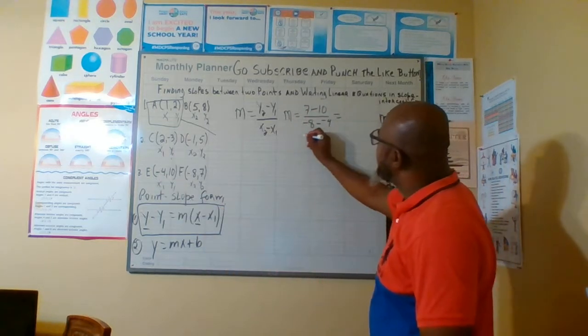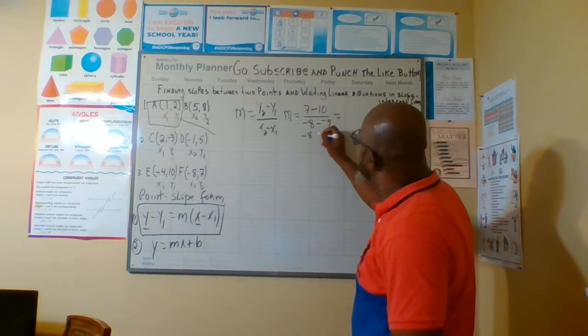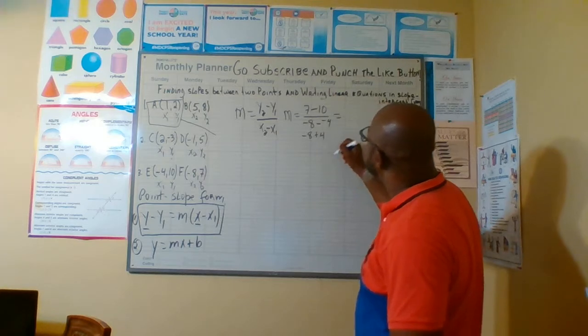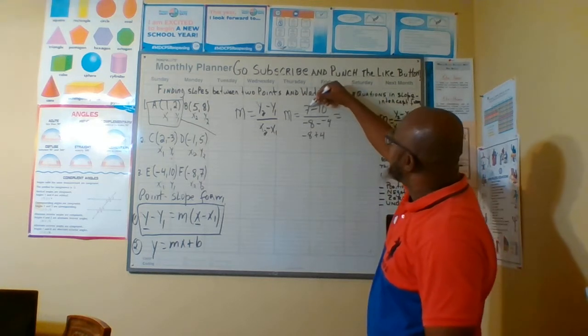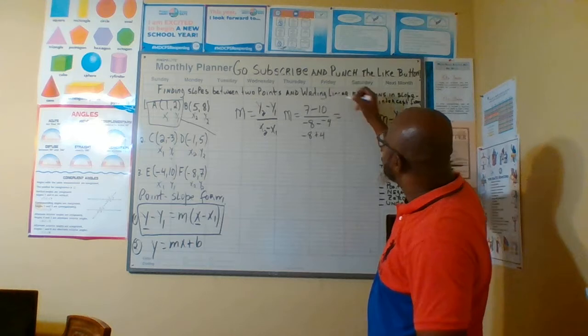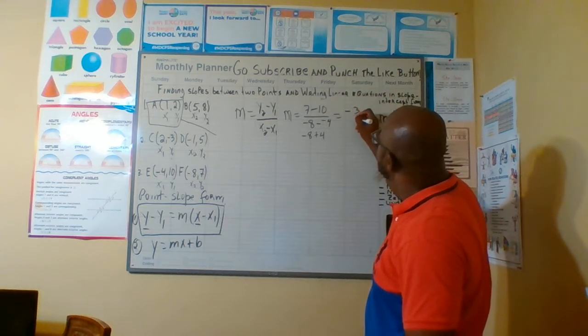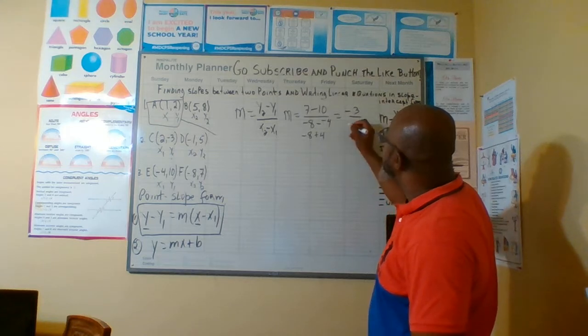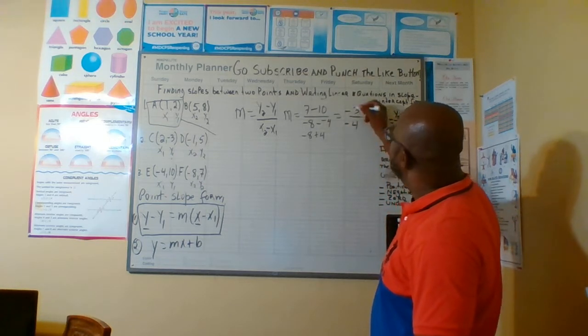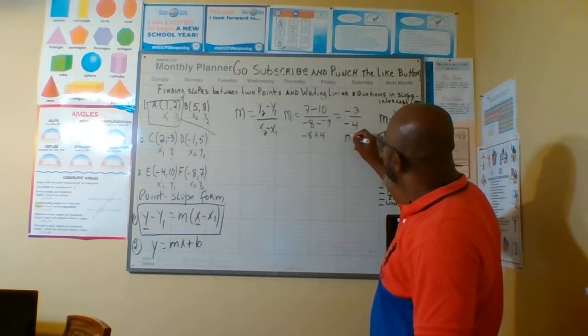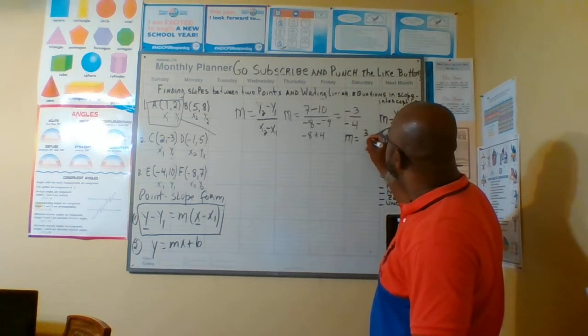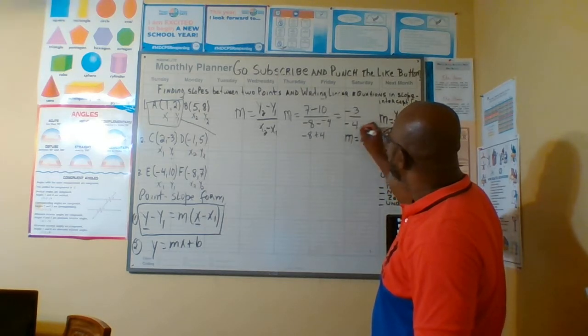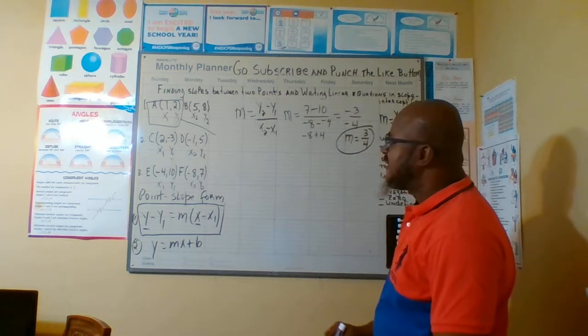And this is going to become negative 8 plus 4. You have two negatives, it's going to become positive. So now you have 7 minus 10 is negative 3. You have negative 8 plus 4 is negative 4. Now, when you divide, two negatives become positive. Your slope is 3 over 4.